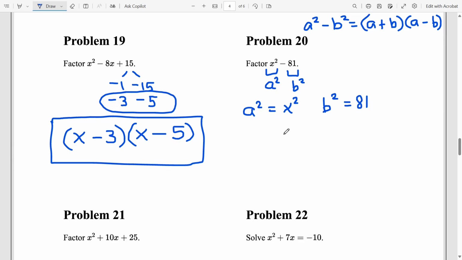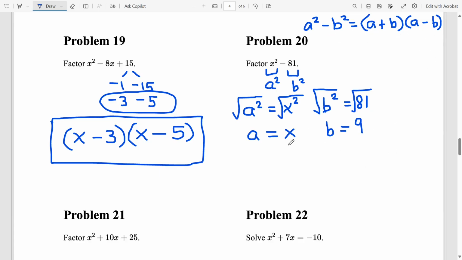We can figure out what a and b are pretty easily. To figure out what a is, we'll take the square root of both sides here. And square root of a squared is a. Square root of x squared is x. And then to figure out what b is, take the square root of both sides over here. Square root of b squared is b, and square root of 81 is 9. So this is going to factor to the quantity a plus b times a minus b.